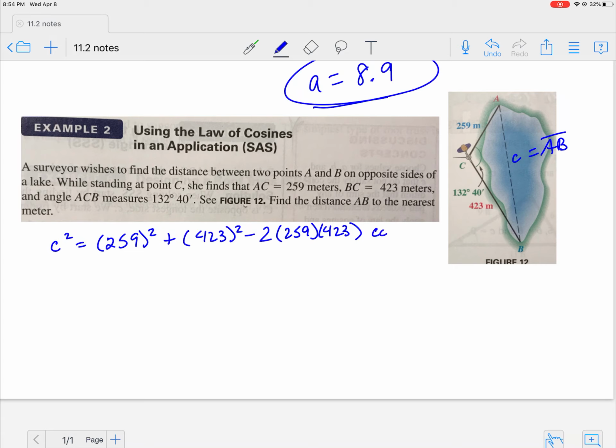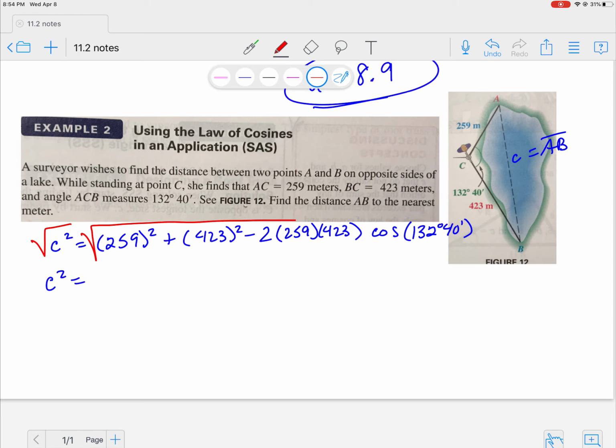So I have C squared is equal to my other two, 259 squared plus 423 squared minus 2 times those multiplied, and the cosine of the angle that I actually know. All right. Now, C squared is equal to, you can plug all of that into your calculator, or you can literally just square root and put all of that into your calculator.